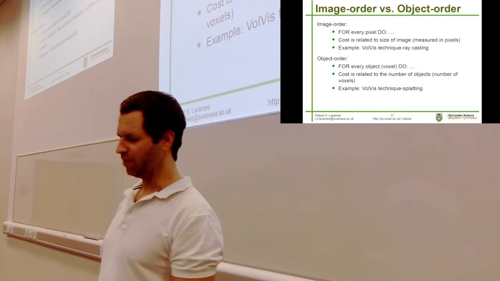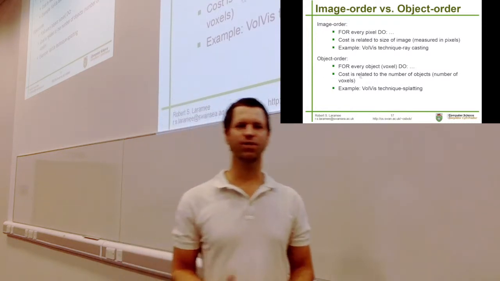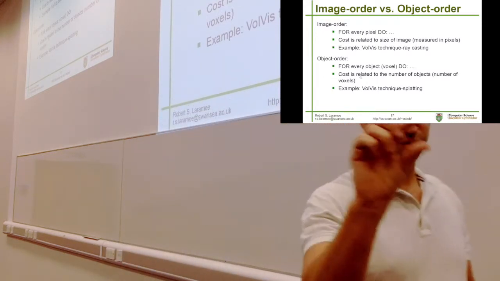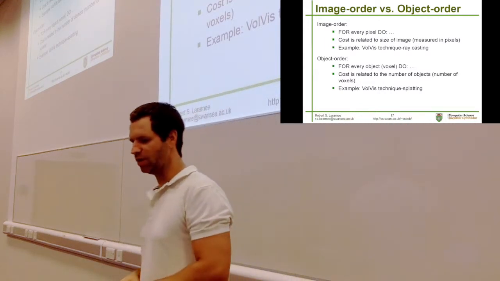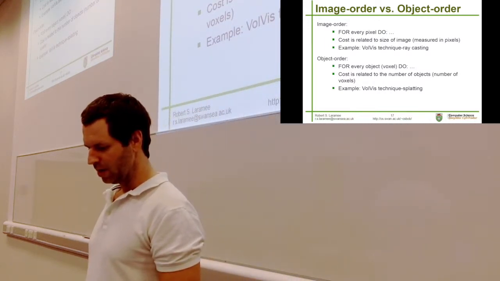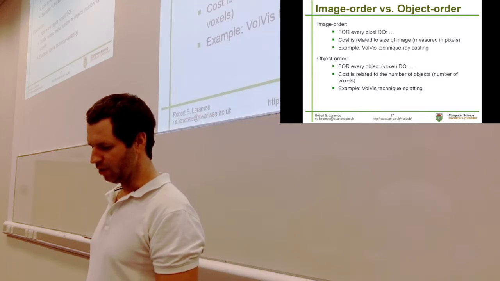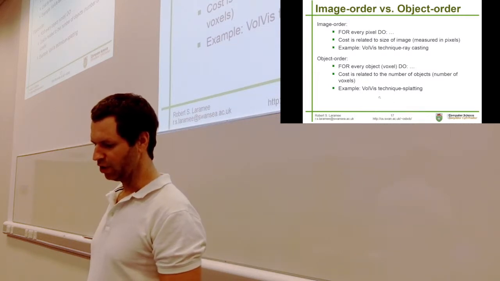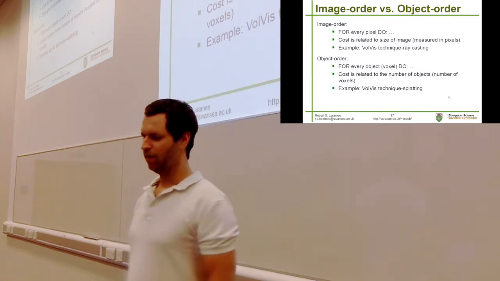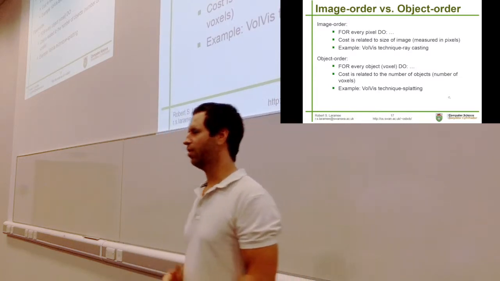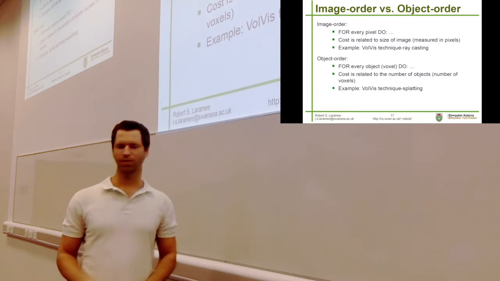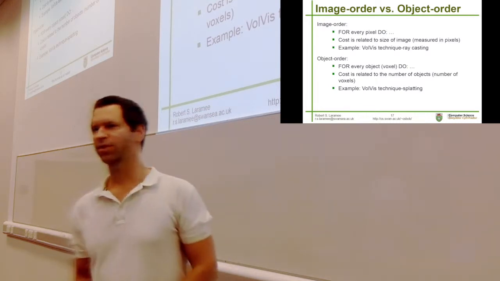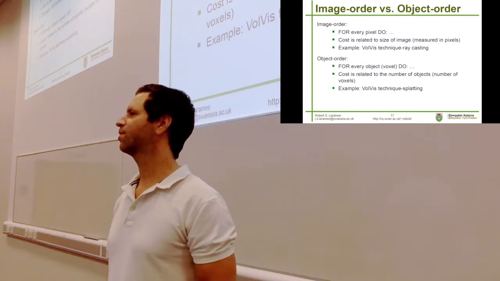And the performance time is related to the number of voxels, or the number of cubes in 3D, as opposed to the number of pixels in image space. And we're going to talk about an object order technique called marching cubes. One is called splatting. We don't really talk about that, but we do talk about marching cubes, which is a well-known volume visualization technique.